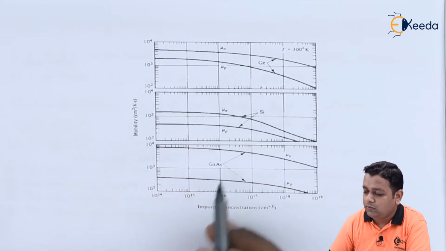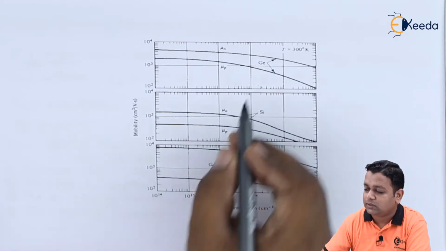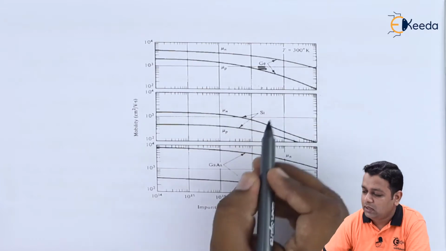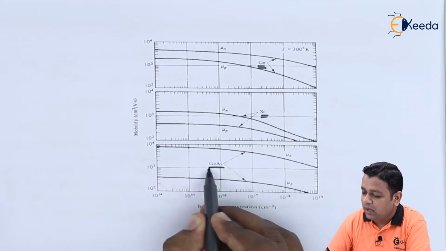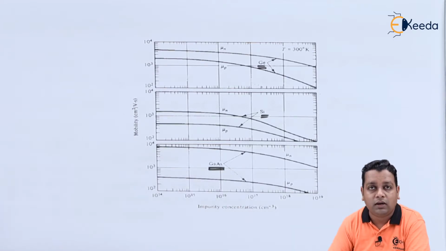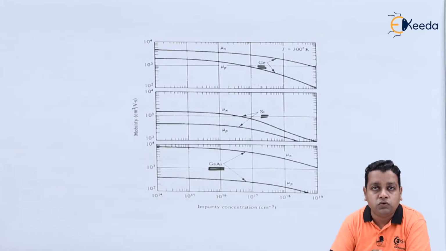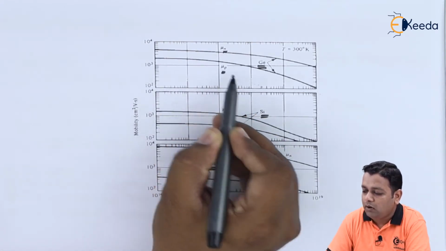Now we have three different graphs corresponding to three different semiconductor materials. Those are germanium at 300 degrees Kelvin, silicon again at 300 degrees Kelvin, and gallium arsenide again at 300 degrees Kelvin. In each graph we find two solid lines, one for the N type and another for the P type.